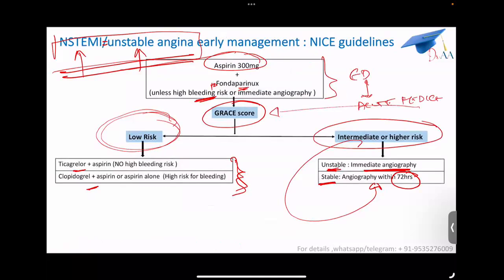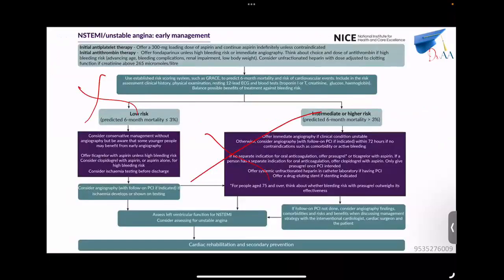Dr. Amin, what about the Barcelona criteria for LBBB? Sorry, what about the Barcelona criteria for bundle branch block? We will treat left bundle branch block as a STEMI. It is equal to STEMI.